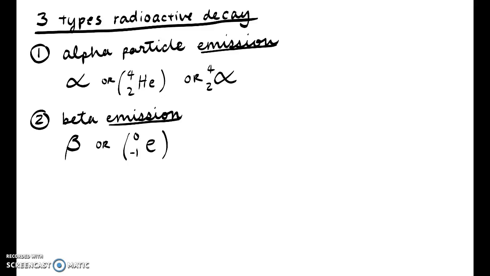In this decay, a neutron of the reactant element is converted into a proton. And so one of the products that is given off is an electron.